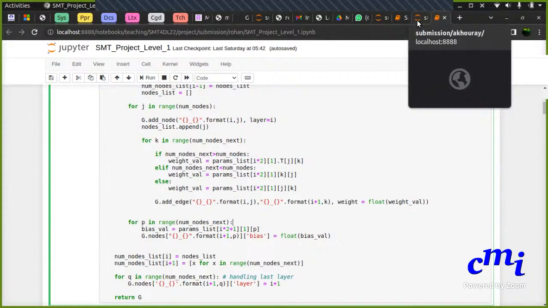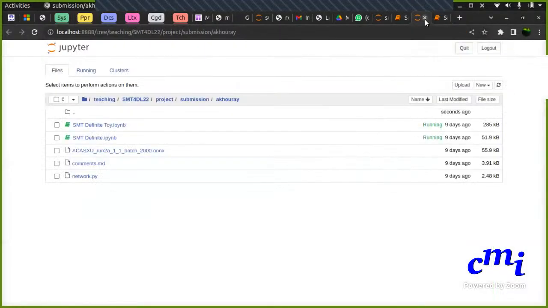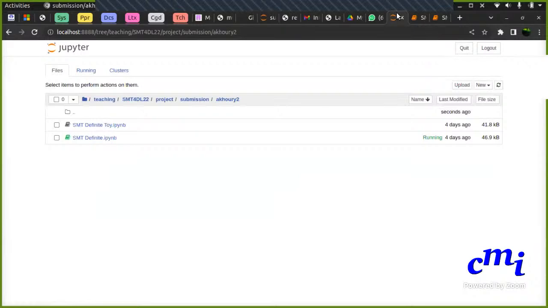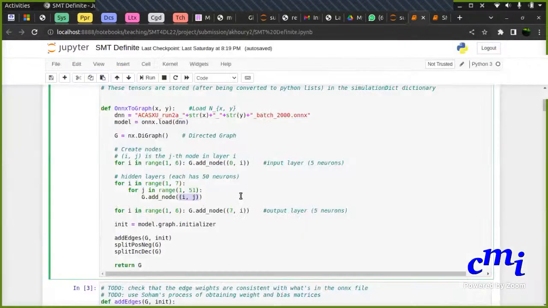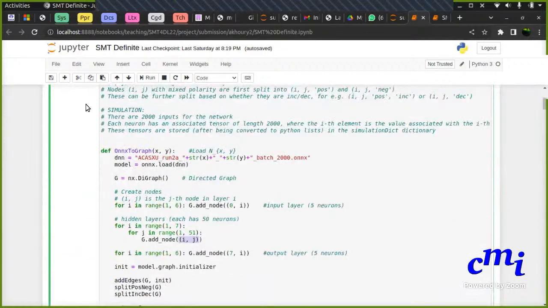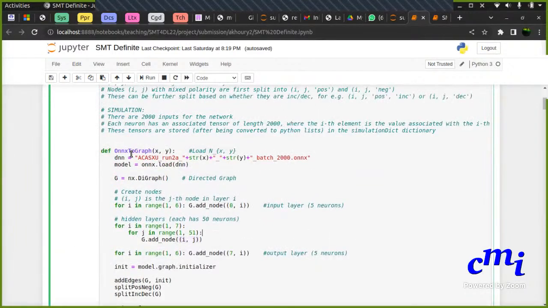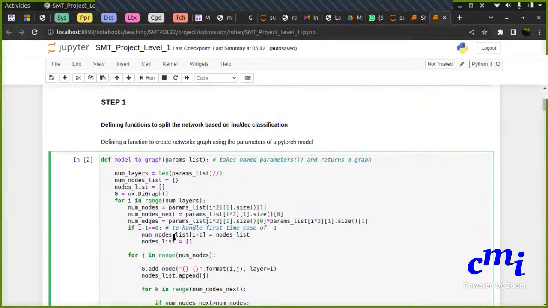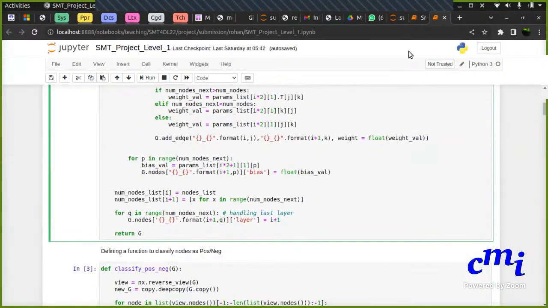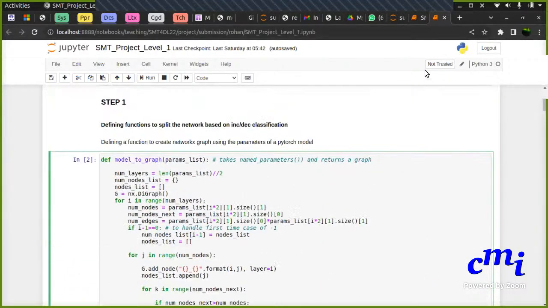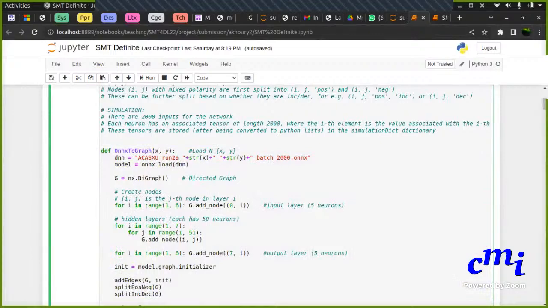So there are some differences like that, but other than that, I think this code can be reused. You just have to change this to something else. So this code can be adapted to work with this one. In general, you think the ONNX loading code is there in your submission?